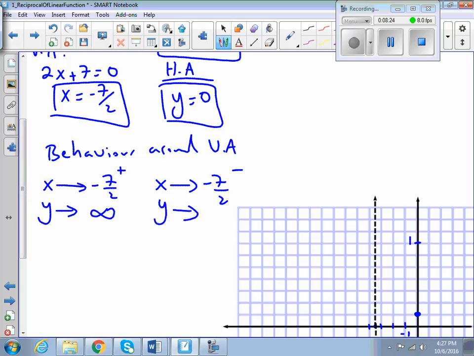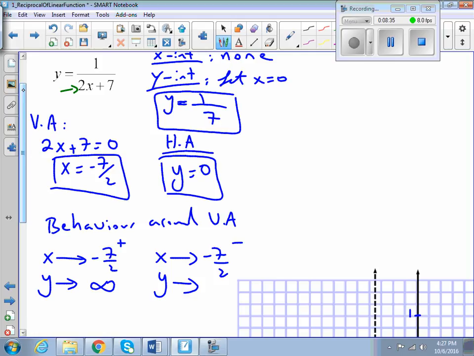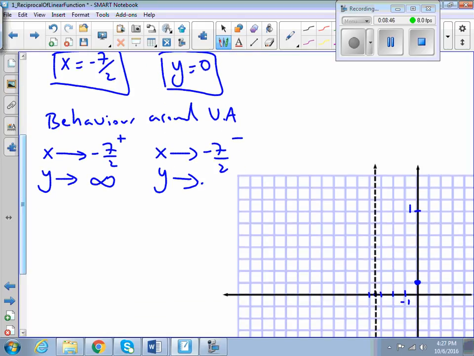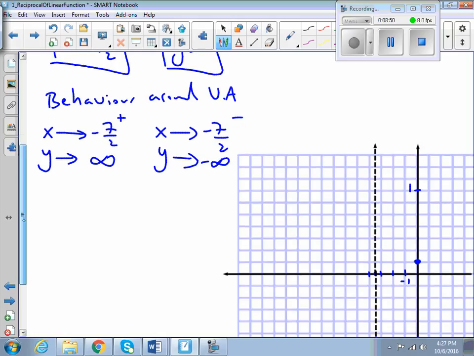However, as x approaches -7/2 from the left-hand side, that means a number that is slightly less than -7/2, for example -3.6, when I sub that in here, I get -7.2 plus 7, which is -0.2 now. So a positive divided by a negative is going to be a negative number, so I'm going to approach negative infinity. So this is what it means.